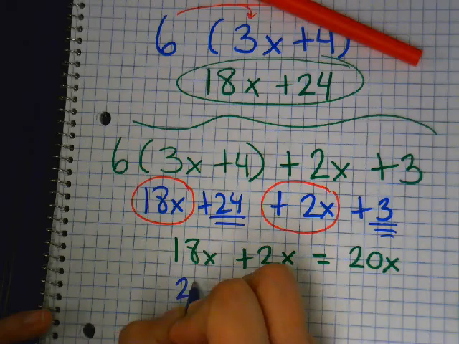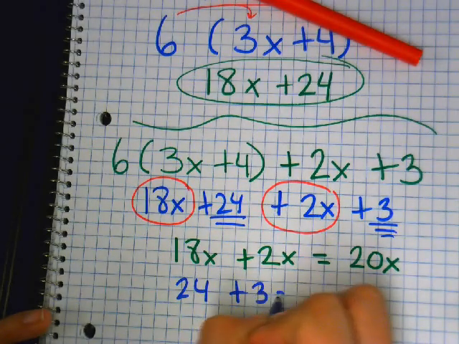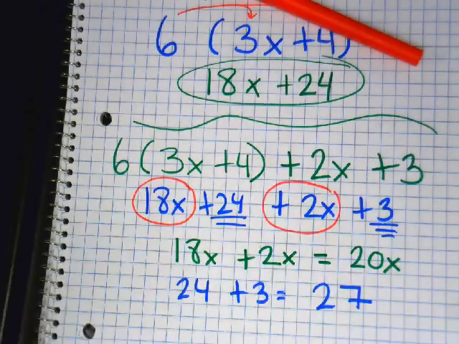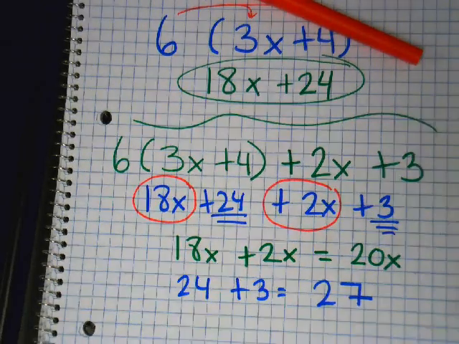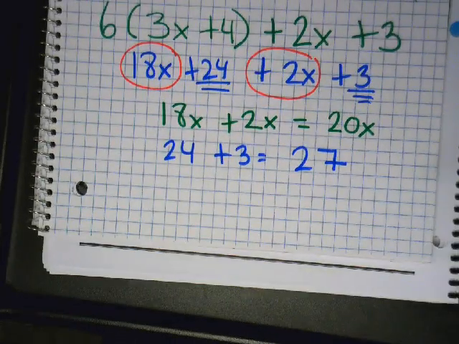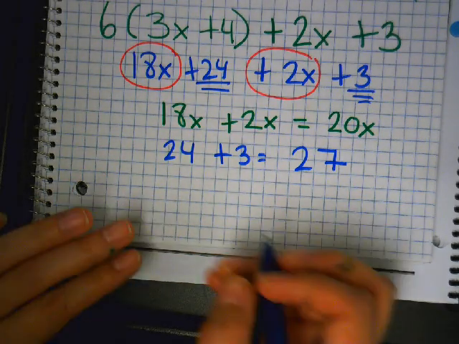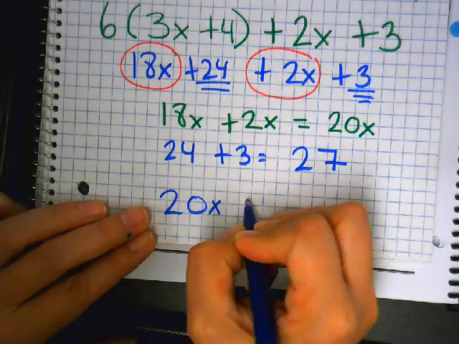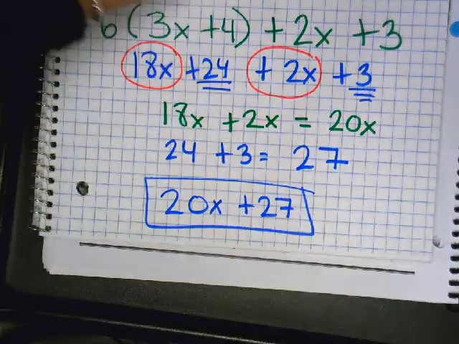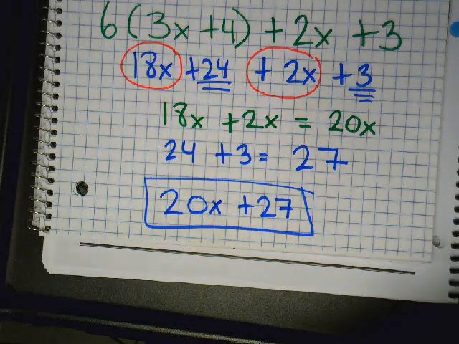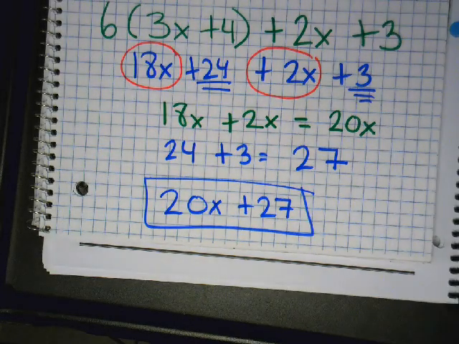So what's 24 plus 3? 27. Now what's our final answer? 20x plus 27. Is there anything I can do with this? Nope. So we're done. This is combining like terms, putting together what is the same.